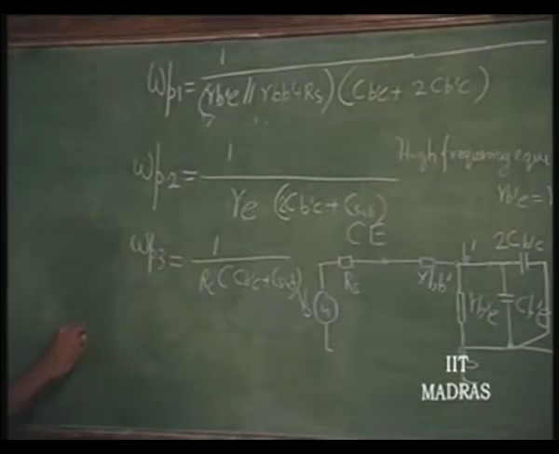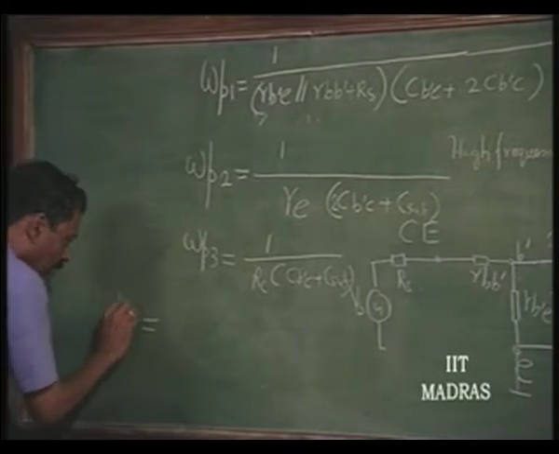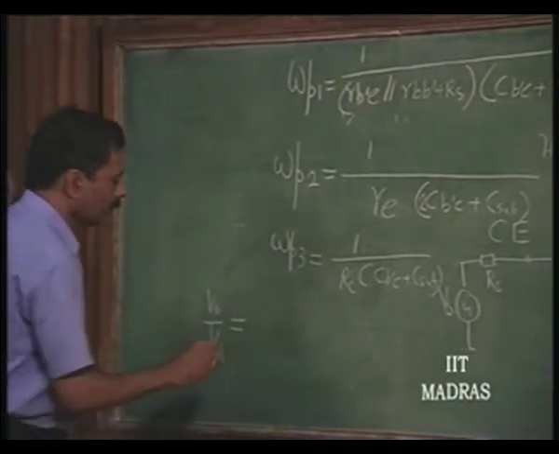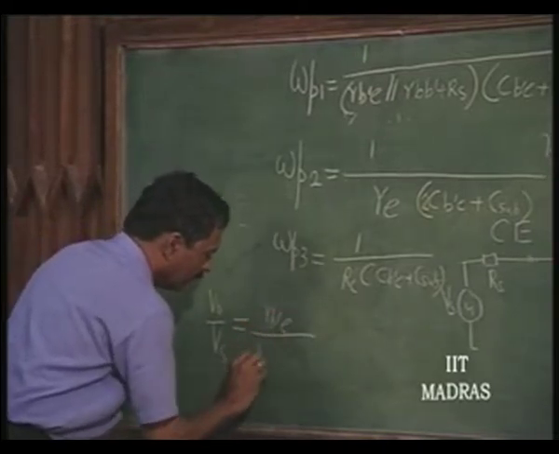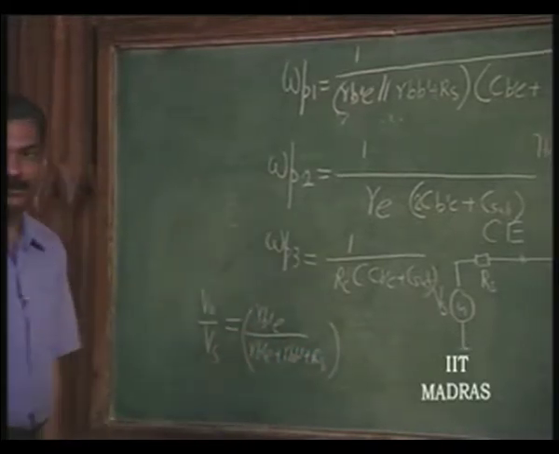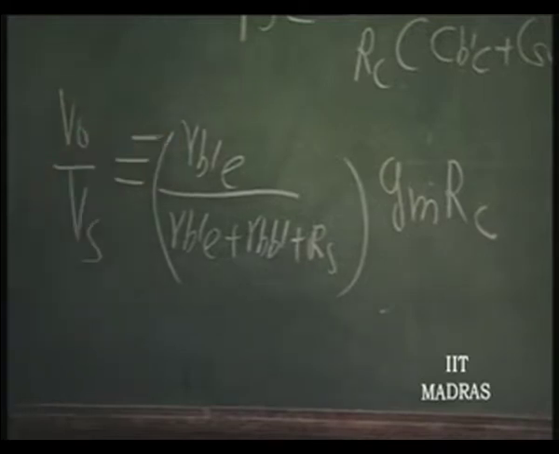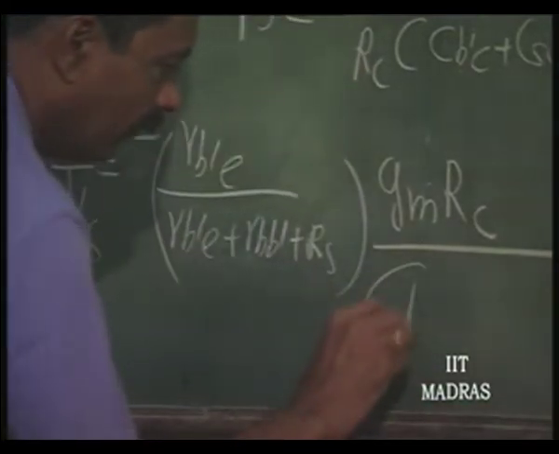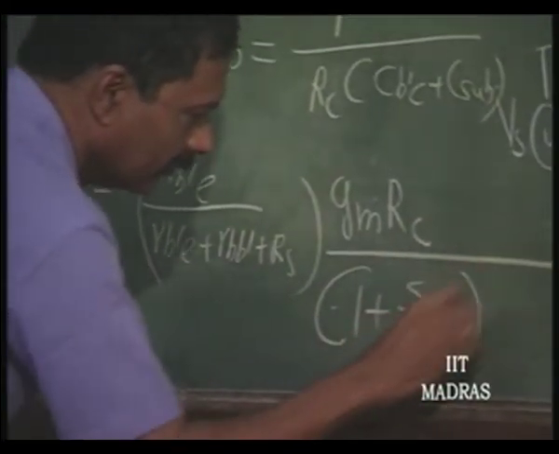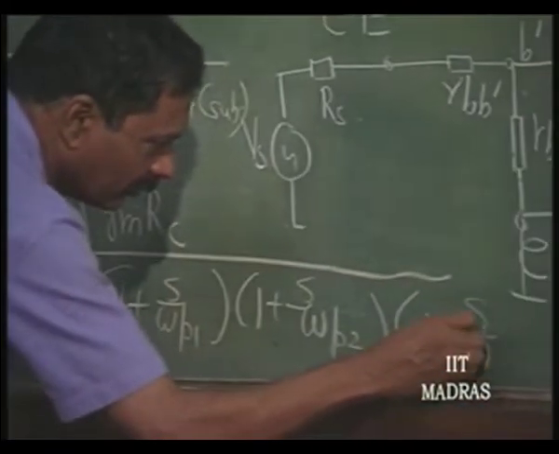So, what will be the gain? Therefore, for the Cascode structure, I can write down the gain as V naught over V s as R b dash E divided by R b dash E plus R b b dash plus R s, that attenuation is always there, okay, into G m into R c with a negative sign, then divided by 1 plus s by omega p 1, 1 plus s by omega p 2, 1 plus s by omega p 3.